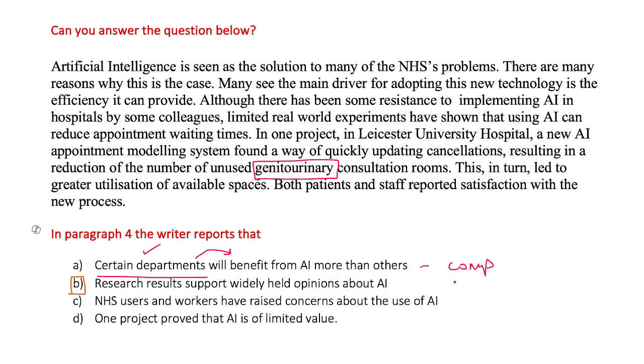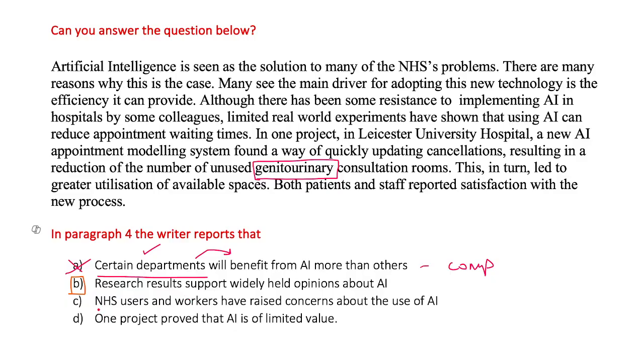There are none. Okay, so straight away, it's a comparison that isn't given. Another thing as well is that certain departments will benefit. Well, we only know about genitourinary from the fact that it was in a project which has finished. So that must be the past. It doesn't talk about the future of that department. So A's gone.